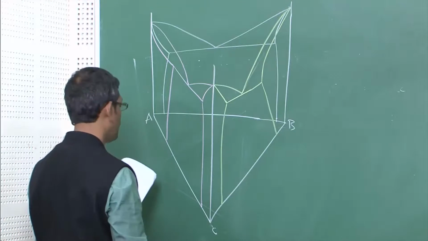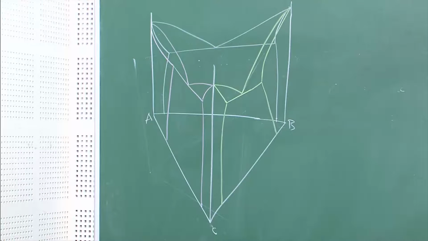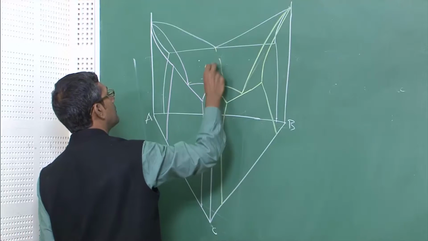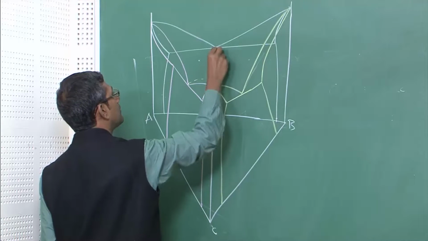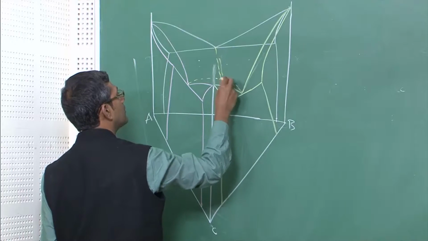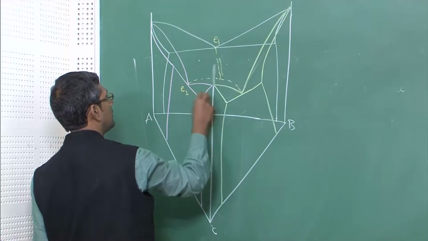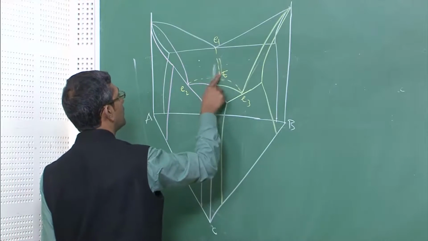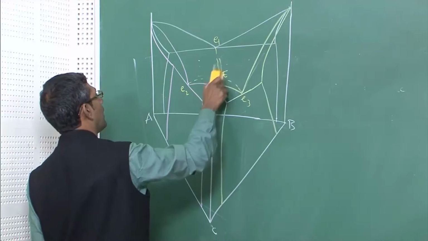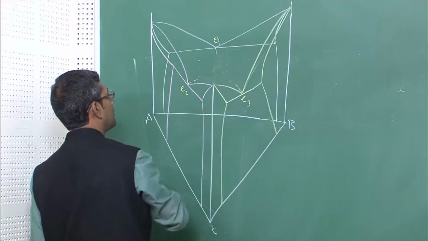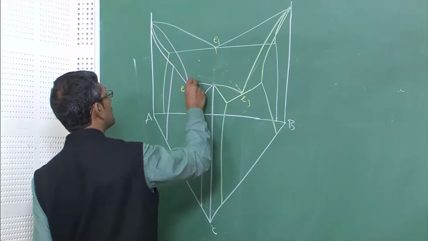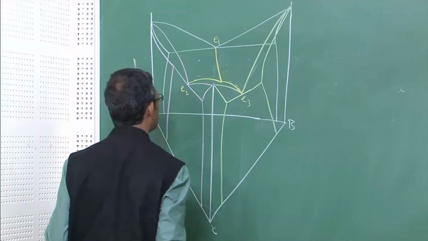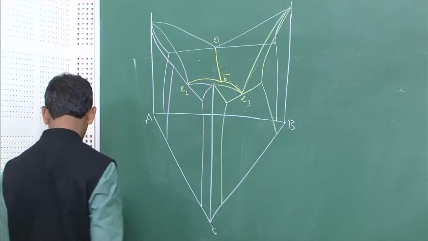Now, you can join these 3 points with yellow chalk. This is E1, E2, E3, E. In fact, it should cut down much further, then it will look nice. That is how it will look.